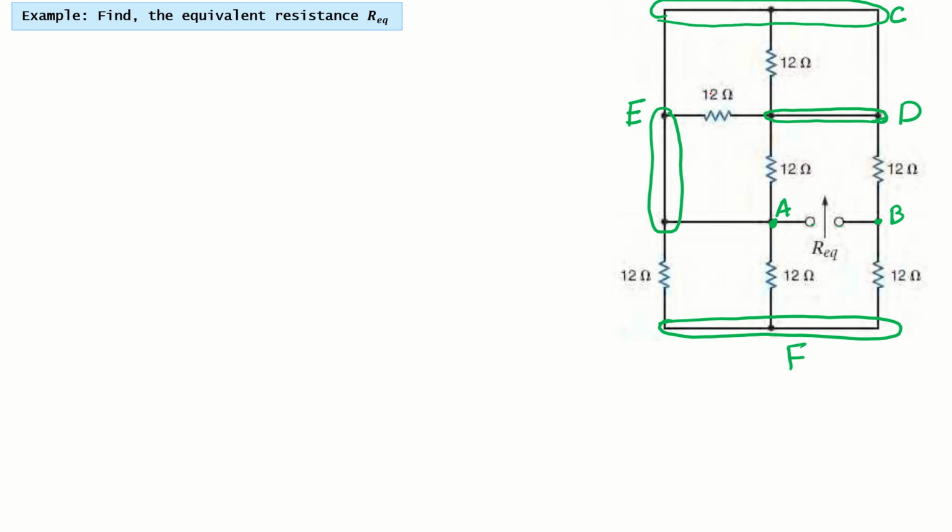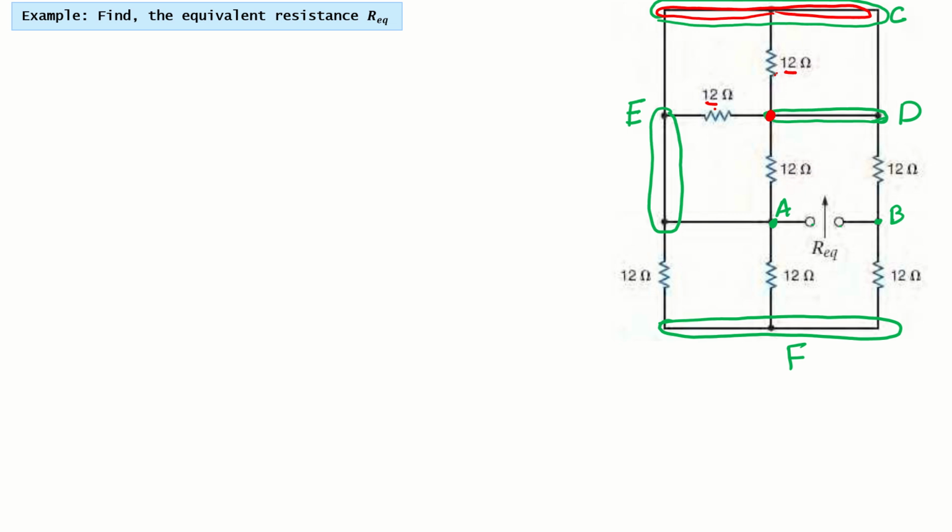If we start from the end of the circuit, we can say that this 12 ohm and this 12 ohm are connected at this node, and they are also connected at this node, which is C, or you can say E, same thing. Because they are connected between two nodes, sharing the same two nodes, they will be in parallel, right?